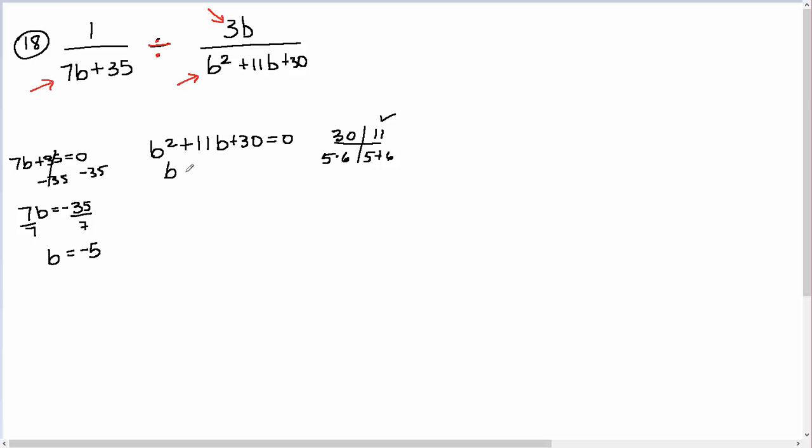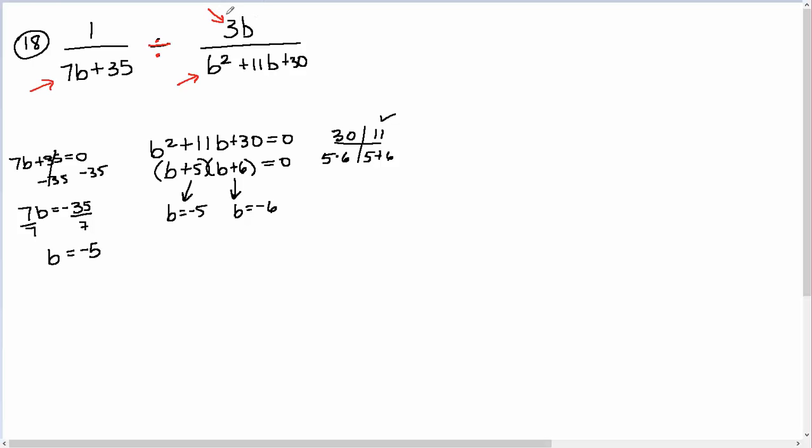So this is b plus 5, b plus 6 equals 0. So we have to set each of them equal to 0. So from here we get b equals negative 5 and b equals negative 6.